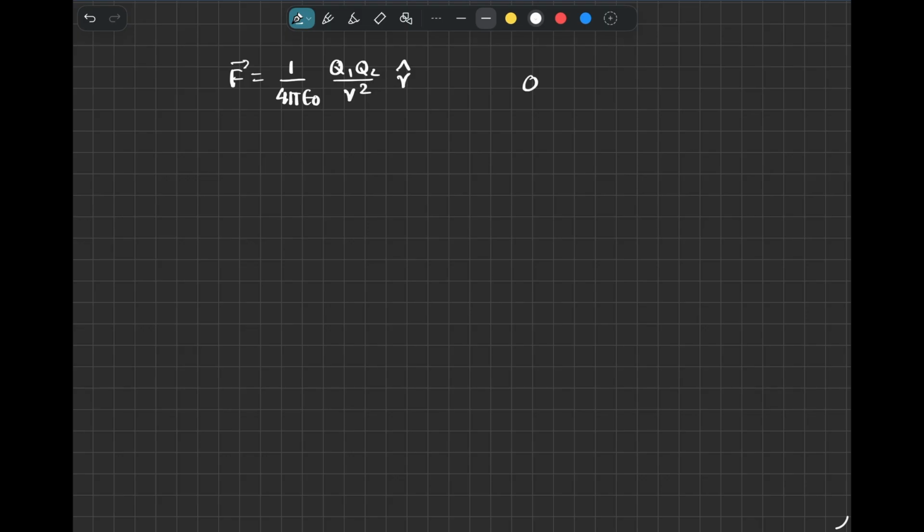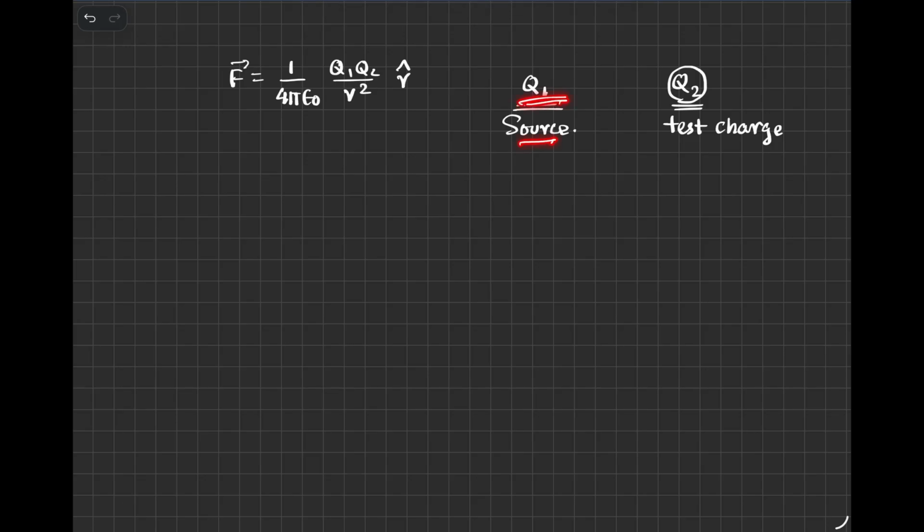Let's say this is charge q1 and this is charge q2, and I want the net force on q2 due to q1. This is my test charge. Remember the term here: net force on q2 due to q1. So q1 is my source charge, due to which we are calculating the force. q1 is the source charge, q2 is the test charge. On q2 I'm finding the force, and the source is q1 here.